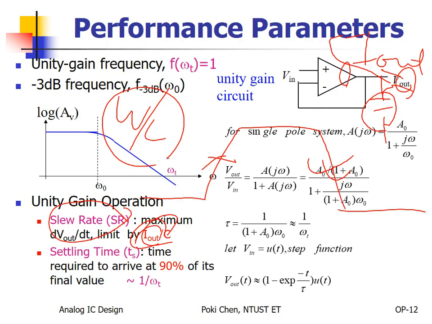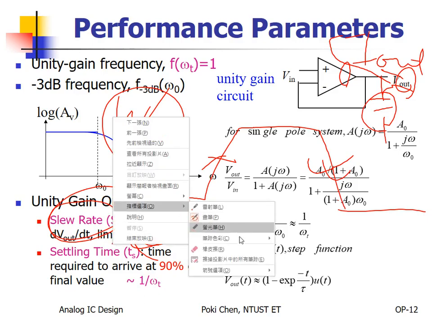And also, large I out usually means large power consumption. So, to increase slew rate, you need to sacrifice your chip area and your power consumption. And this is the first lesson you can learn from your op-amp design.